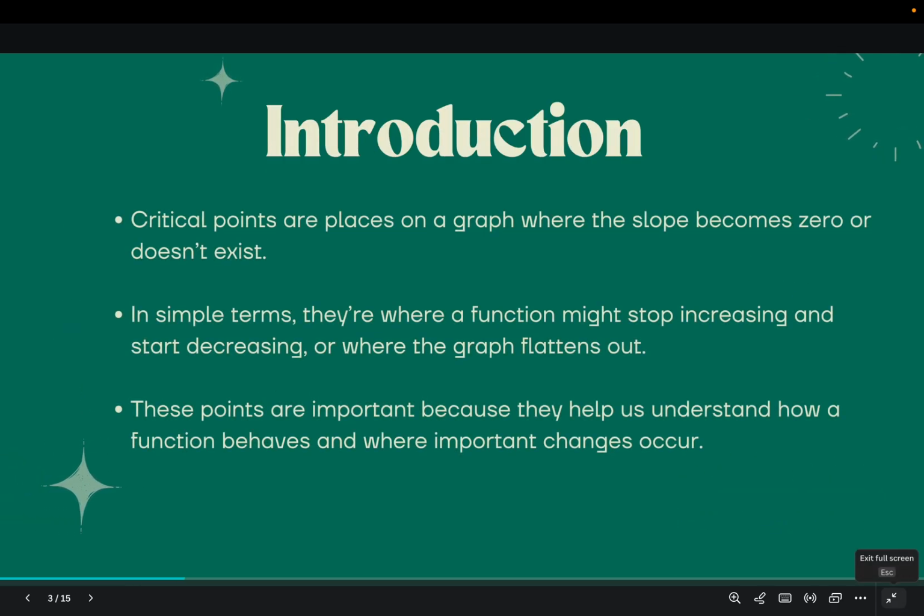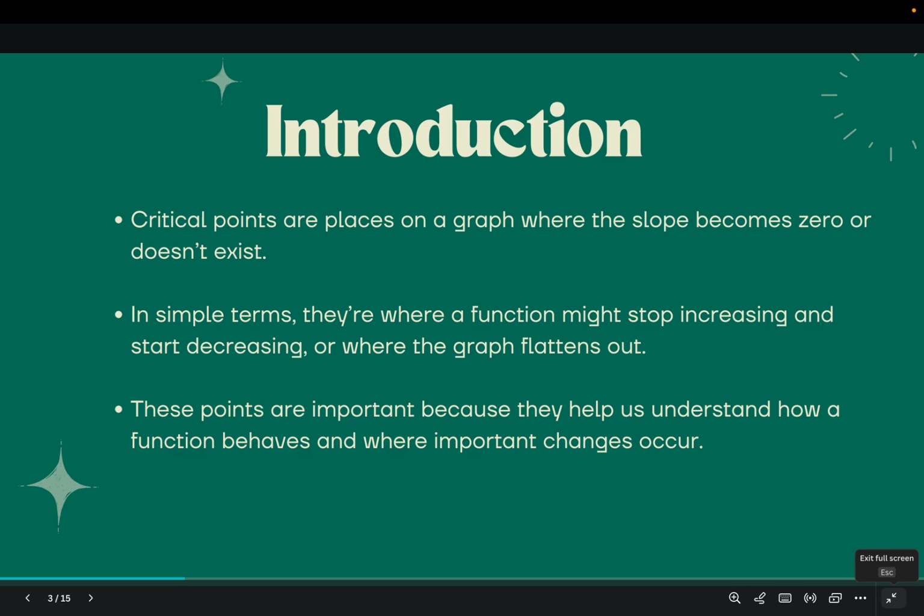So what are critical points? Well, to put it simply, critical points are places on a graph where the slope becomes 0 or doesn't exist. What does this mean in simpler terms? Basically, critical points are just turning points where the graph is increasing or decreasing.